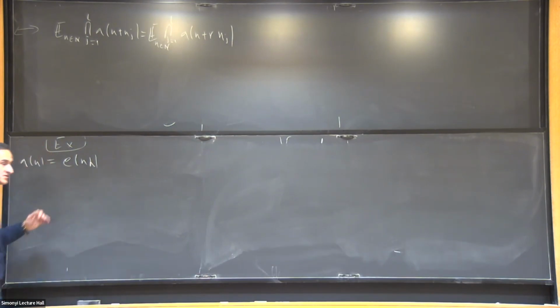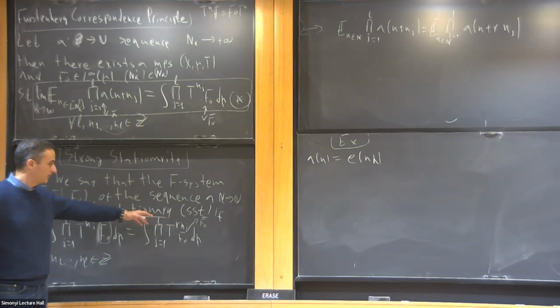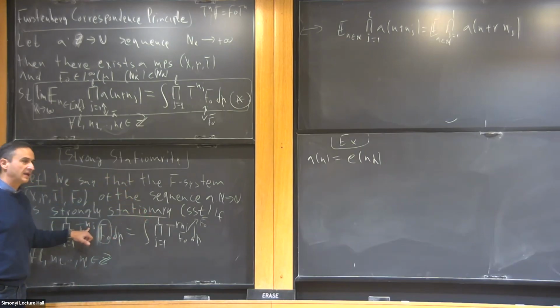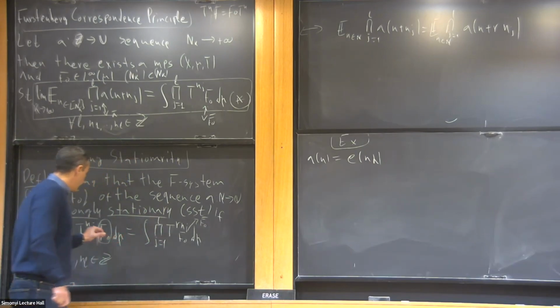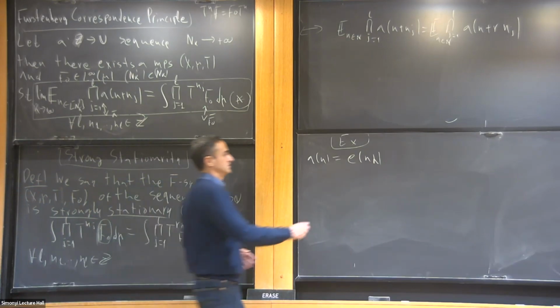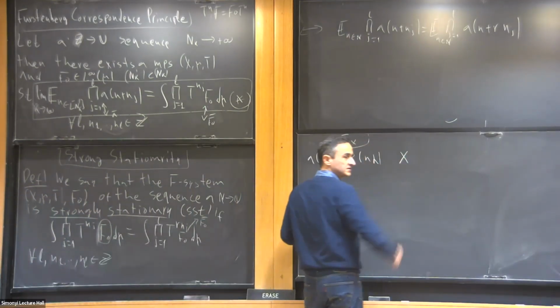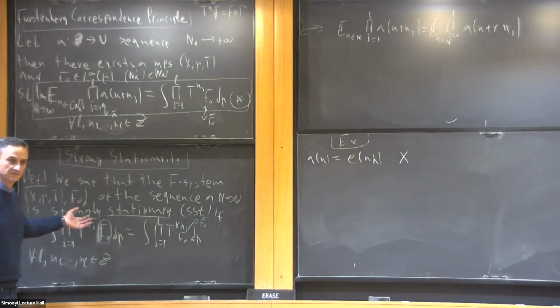If you have this sequence and you compute even the 2-point correlations, you put F0, F0 bar, then the outcome will be e to the n alpha. You have cancellation. But if you substitute e to the n alpha, e to the Rn alpha, then they are not the same. So this one is not strongly stationary. It's very simple, like computing correlations to show the Furstenberg system will not be strongly stationary.